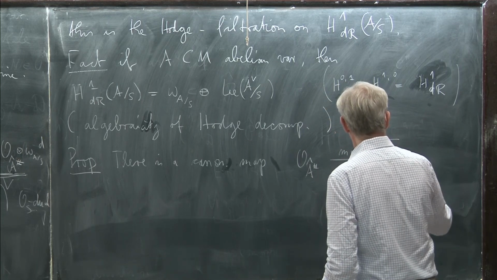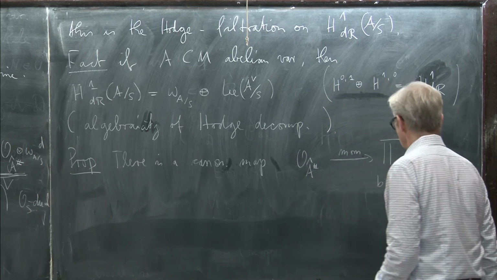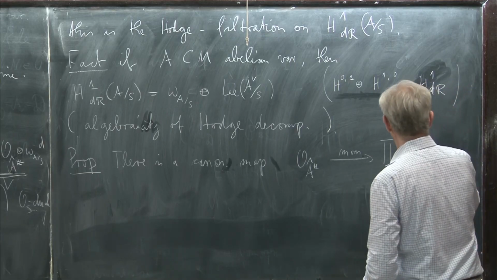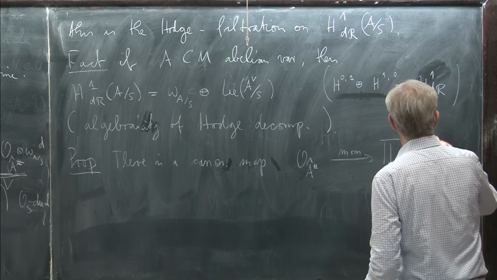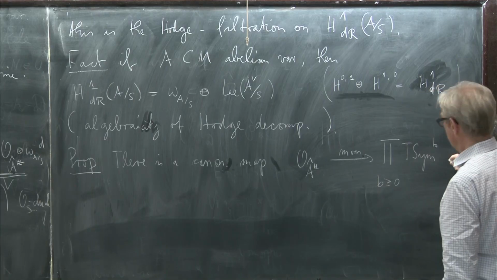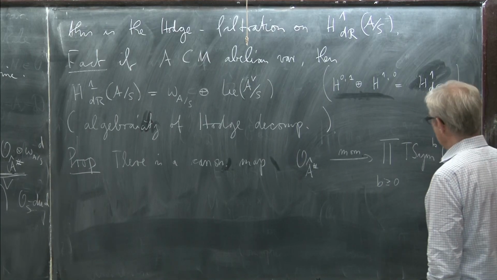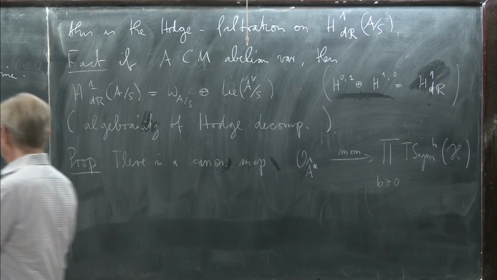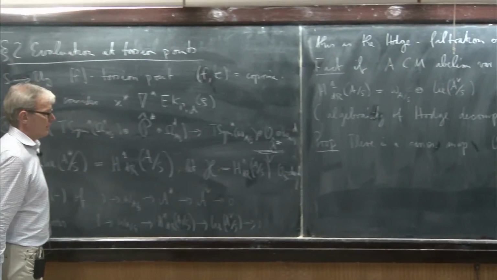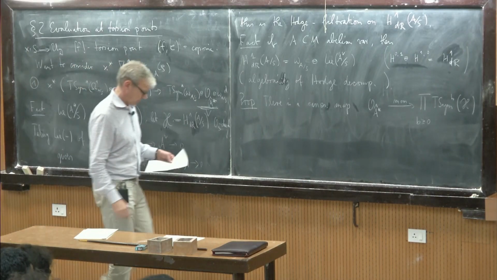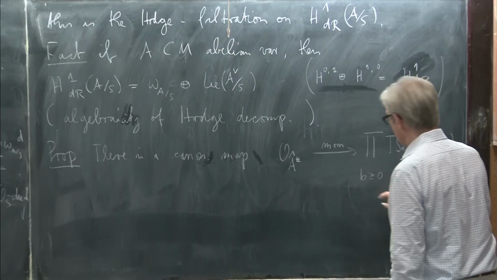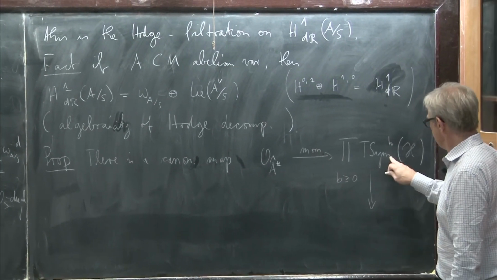to the product over all B bigger or equal to 0 of the B symmetric power of that sheaf H, which is just the dual of this H1 Dirac. And with the algebraicity of the Hodge decomposition, we can split this further.